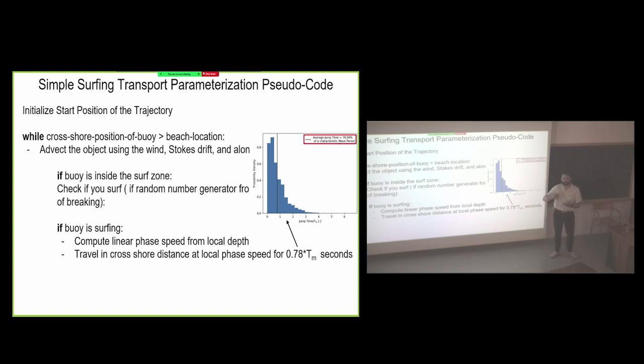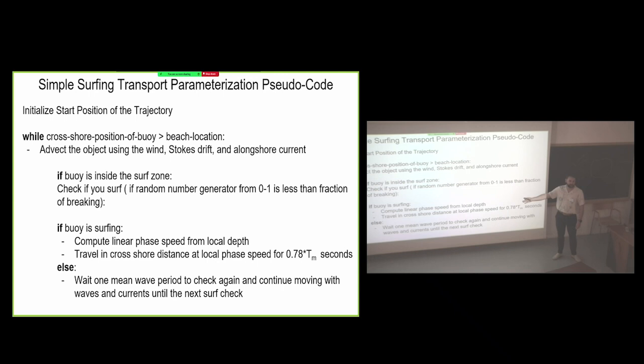And that's all you do. You just move across shore for this amount of time, and then otherwise, you wait for a mean wave period. You see if you catch the next wave period, and you just keep moving with the wind, keep moving with the Stokes drift, keep moving with the current.